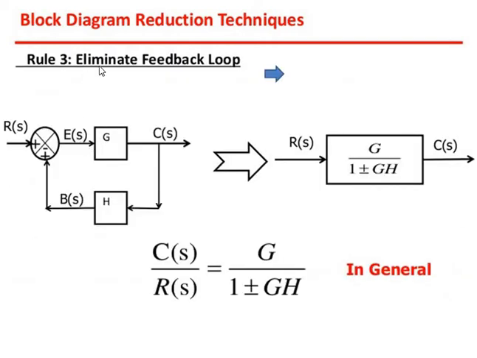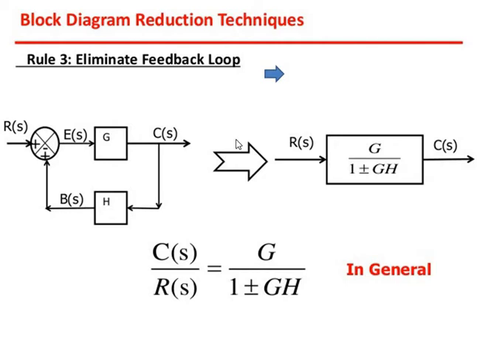Now the third rule, eliminate the feedback loop. This rule indicates how to reduce the feedback path element. Here there is one forward path element from RS to ES, G, and G to CS, and the feedback path element is H, and the flow of this feedback path is CS to H to BS.